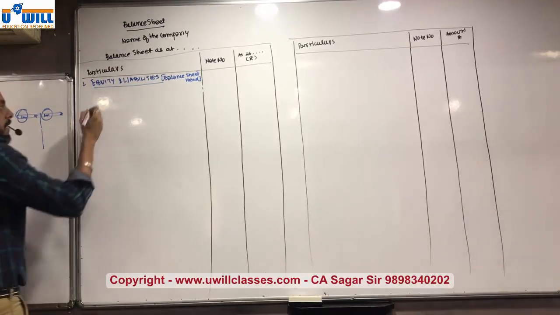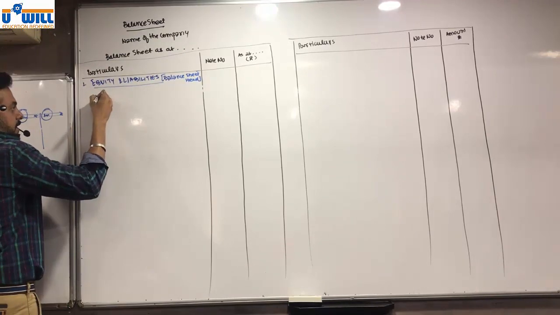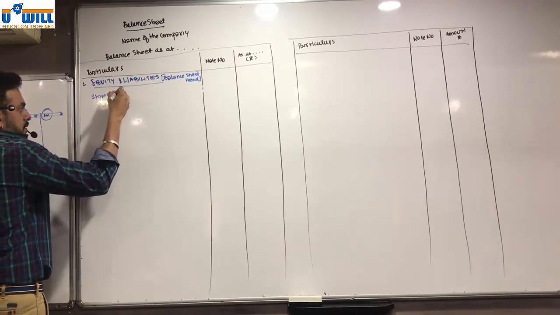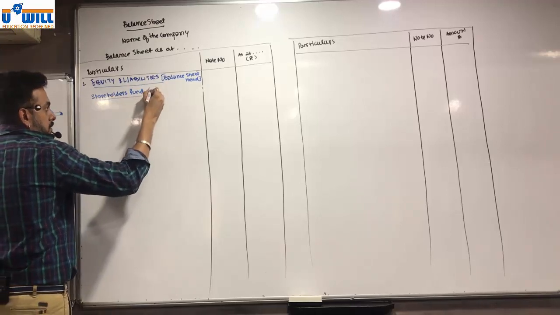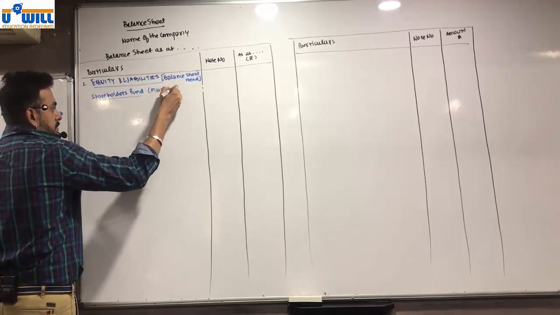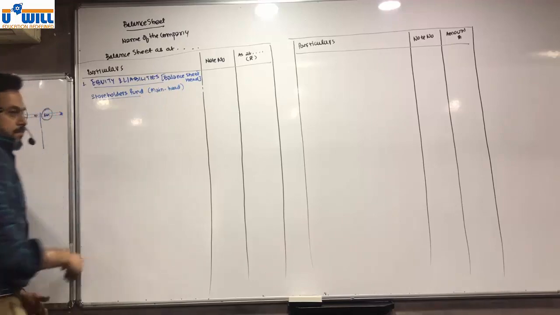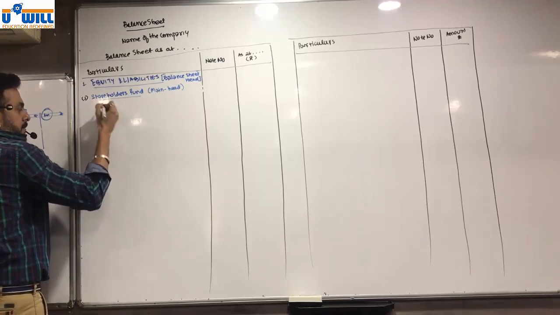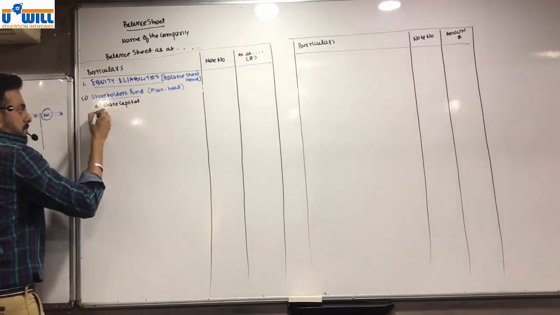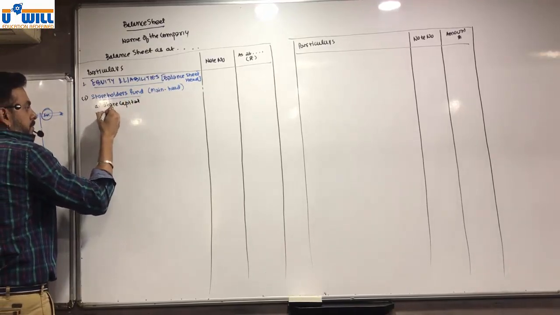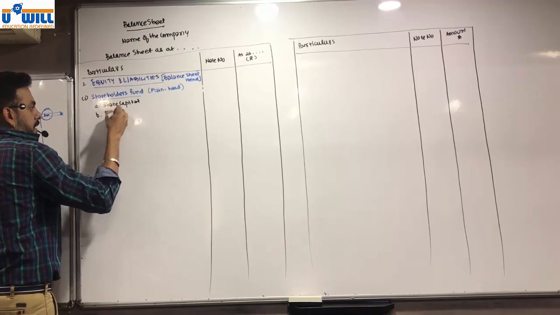Then equities में सबसे पहले shareholders fund. This is main head. इसके अंदर we write A, share capital. B, reserves and surplus.